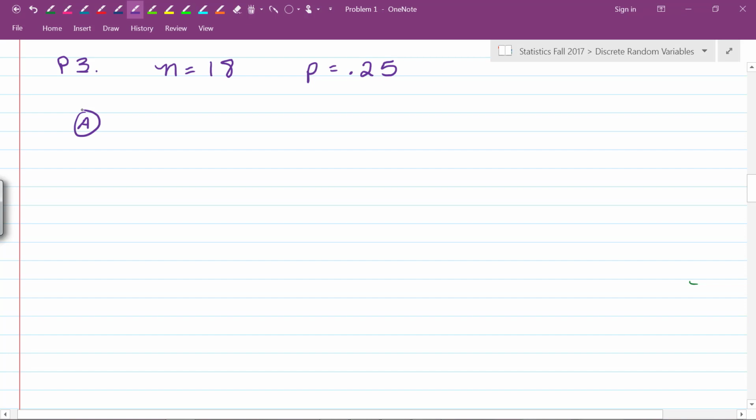And question A is, what is our expected value? Remember, expected value, mean and average are all the same thing. So that is mu, and mu for the binomial is equal to np. Our n is equal to 18, our p is equal to 0.25.